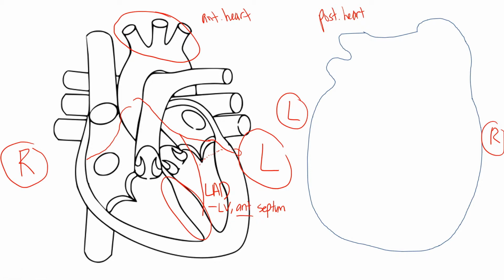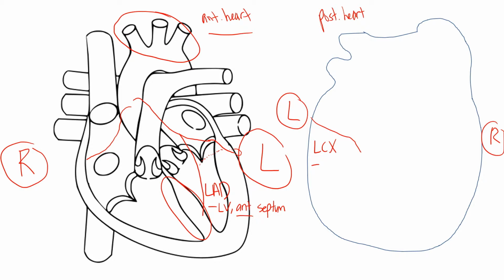The circumflex artery comes around over here and does it like this, just to keep it simple. The left circumflex artery is going to supply exactly the areas I said it was going through. Let's go back to the anterior part over here. It comes back down, wraps around, and then goes in the back of the heart. So what is this going to supply?